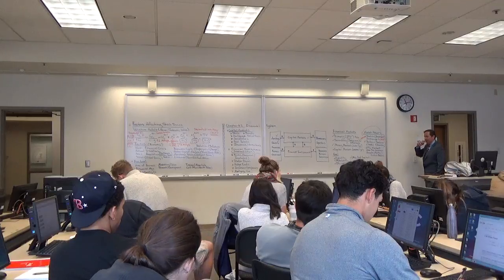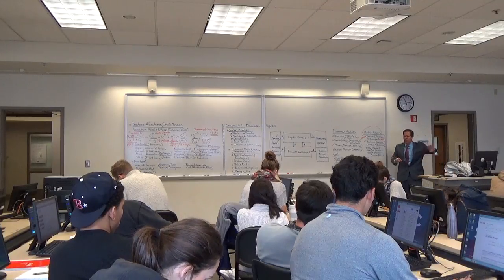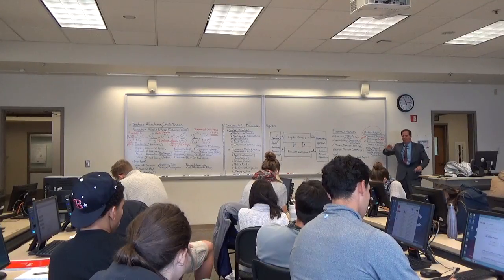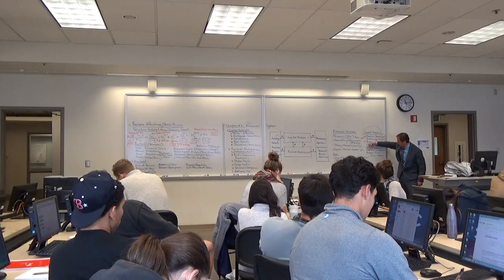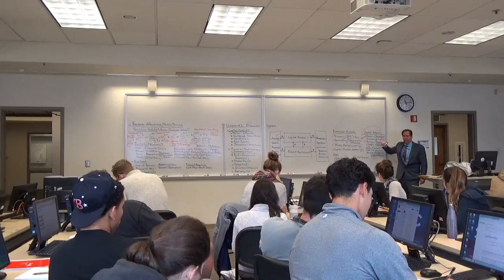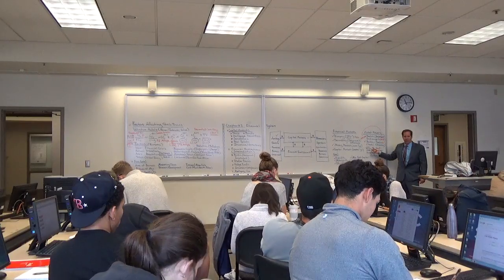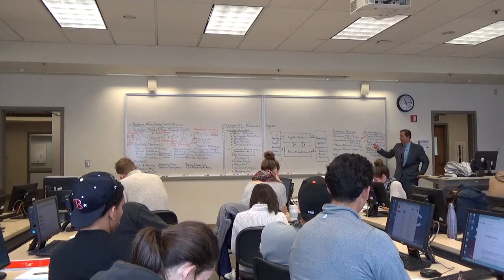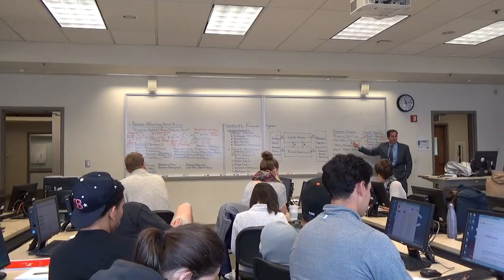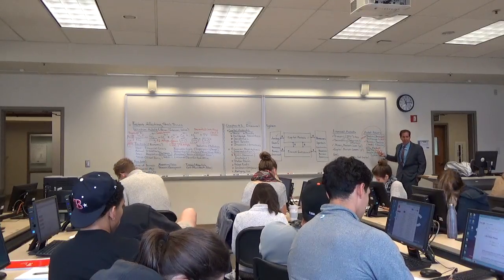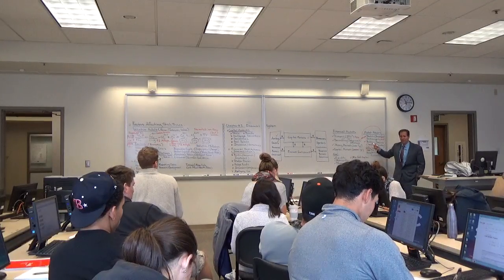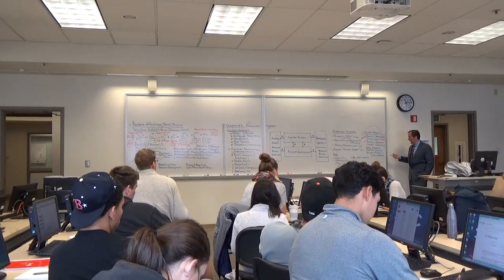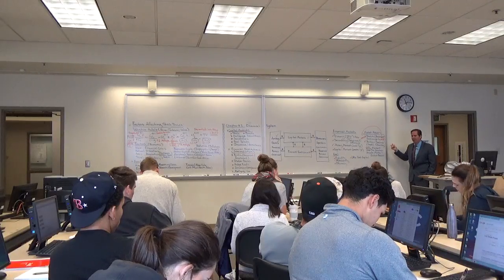The over-the-counter market is the private market. Public market, exchanges; private market, over-the-counter, or OTC. A lot of derivatives are traded OTC. A lot of derivatives are traded on the exchanges. Some of the shares are traded over the counter. Some of the shares are traded on the exchange. If they're traded over the counter, I don't know what the transaction was.